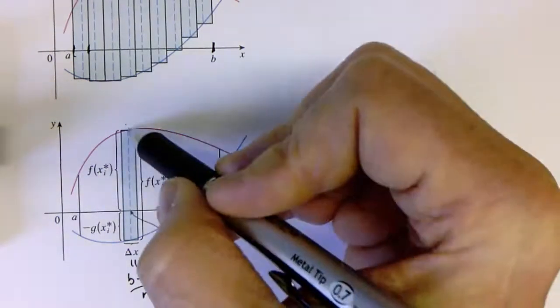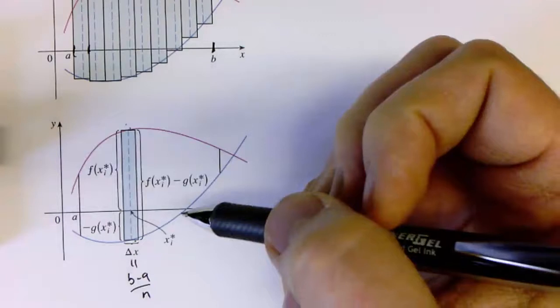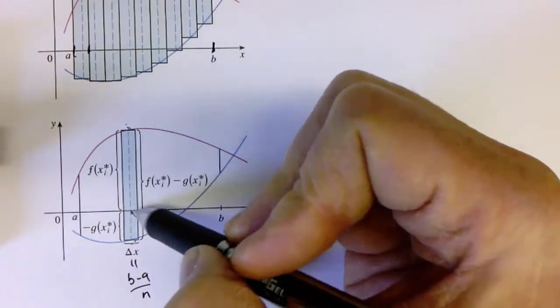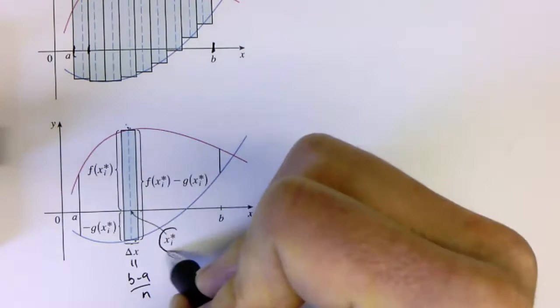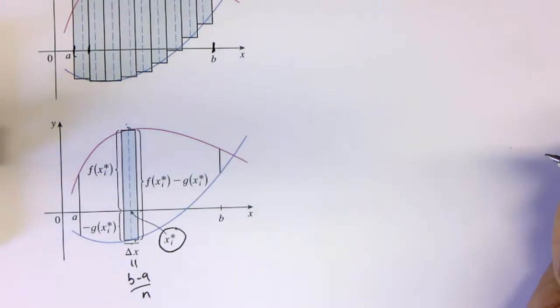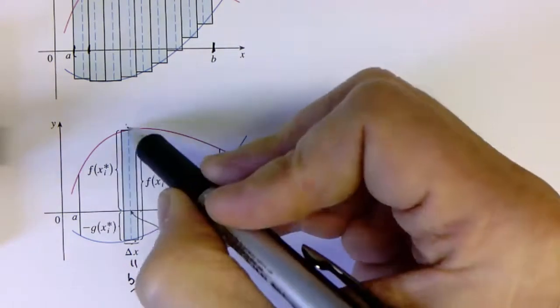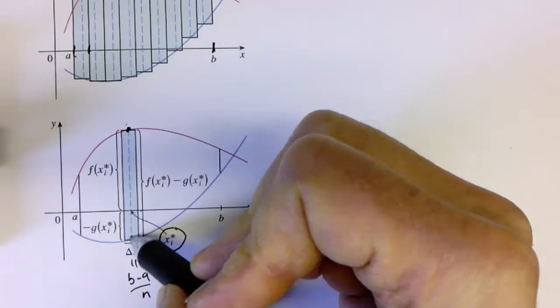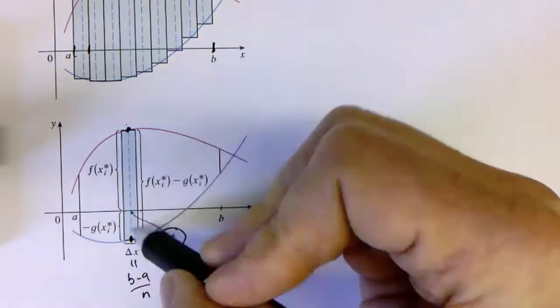Well, we have a top boundary and a bottom boundary. All right. So to get the height of this rectangle, we need to pick a point somewhere in the subinterval. We'll call that point x i star, and we're going to evaluate our top function at x i star, that gives us this height, our bottom function at x i star, that gives us this height, and when we take the difference, we get the height of the rectangle.